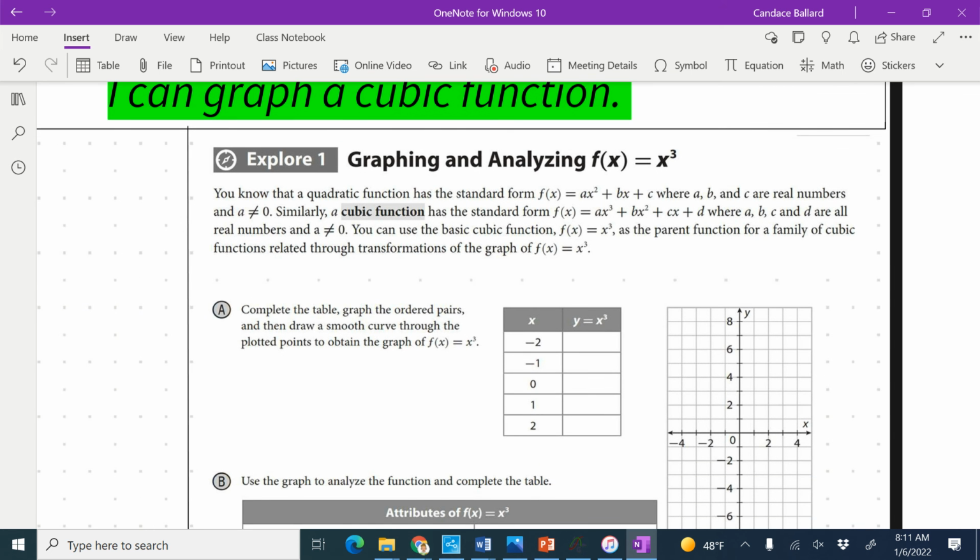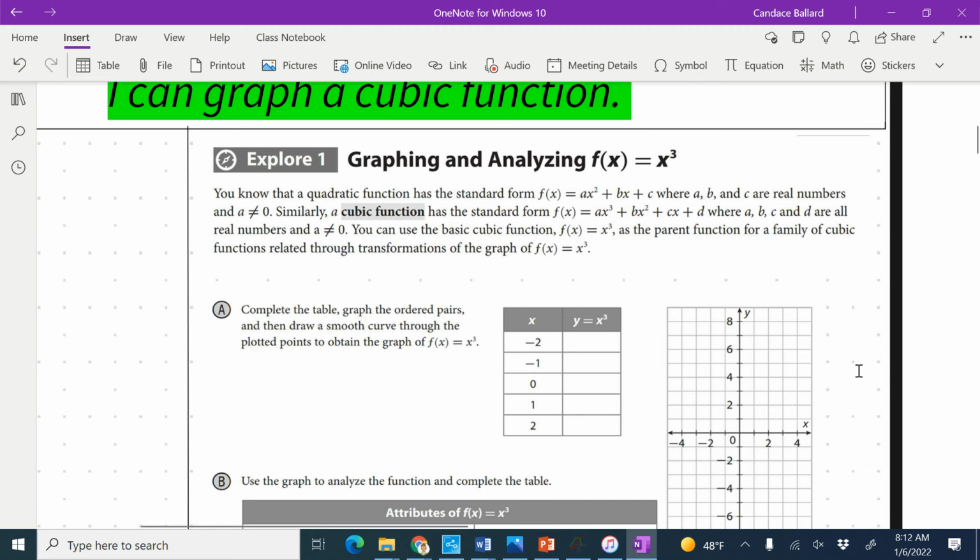Read that paragraph to yourself really quickly. Okay. And this is going to be a little bit of a rehash of what we did yesterday.